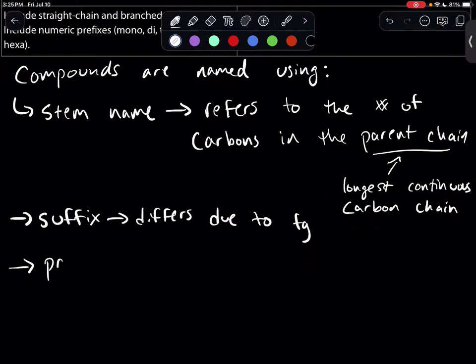Finally, we have a prefix. The prefix will identify substituent groups.